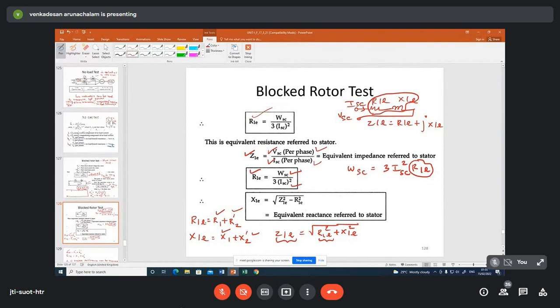And now what is my R1E? R1E is nothing but R1, that is the stator resistance, plus R2 dash, that is the rotor resistance referred to the stator.